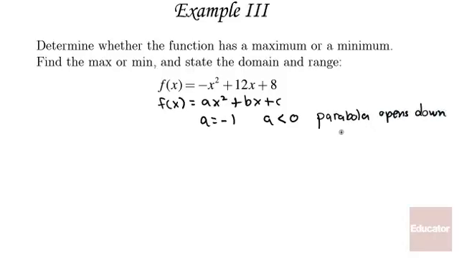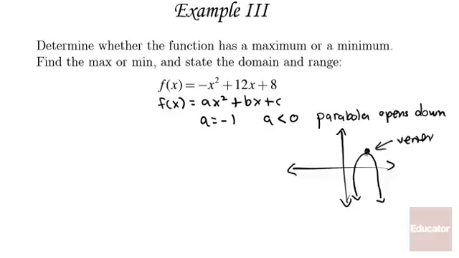Okay, now, just sketching this out to think about it, if the parabola opens down, it faces downward, the vertex is going to give me a maximum value. That's as large as y is going to get. Y only gets smaller.